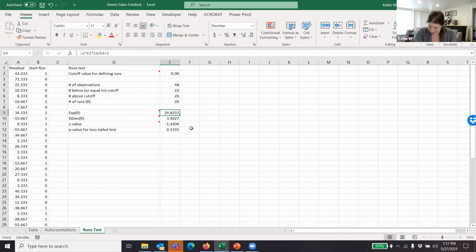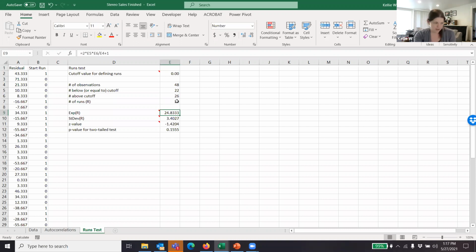This is calculated from a probability argument that the book doesn't get into. So we're saying that this series of residuals has too few because it should be about 25 and we're at 20. Meaning that positive values tend to follow positive values and negative values tend to follow negative values.